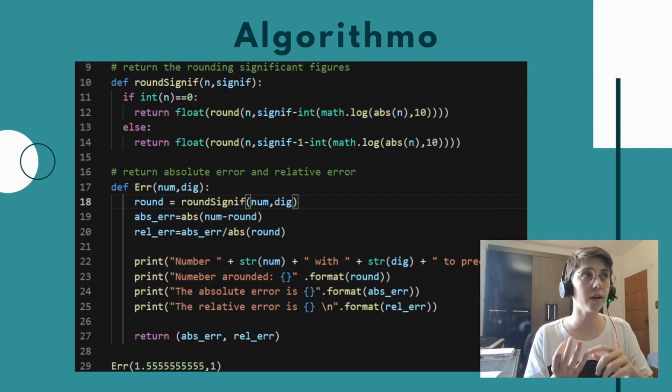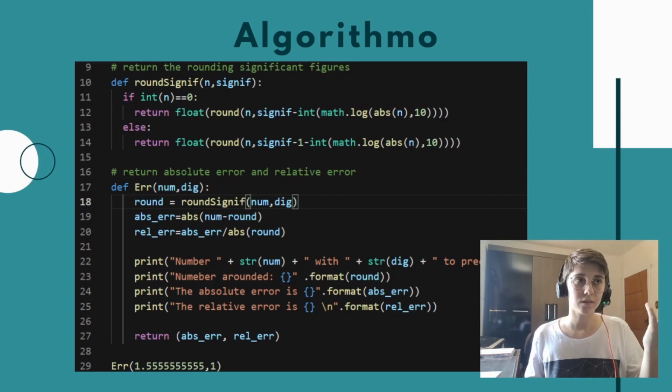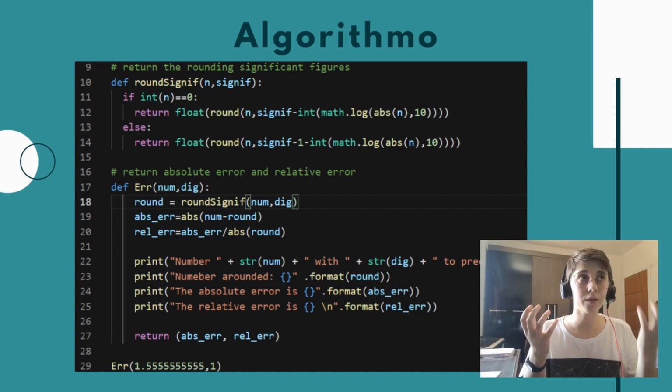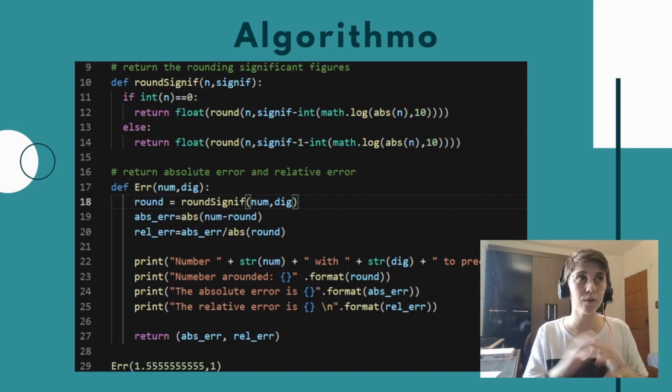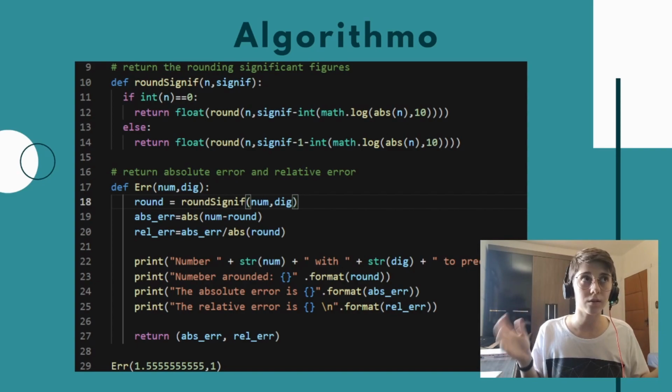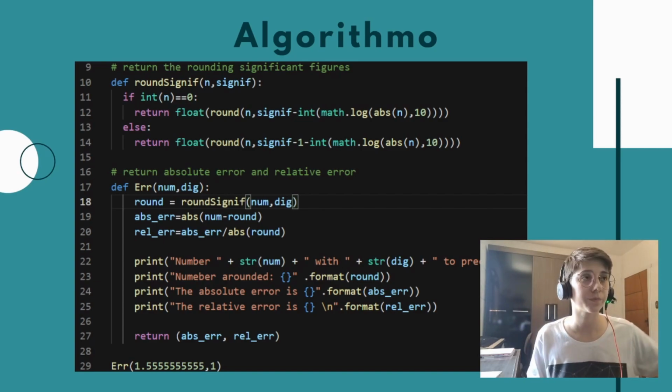And when I calculate this significant value minus negative 3, I have a positive 3 plus the significant values. So I will find the rounded value considering the significant figures.